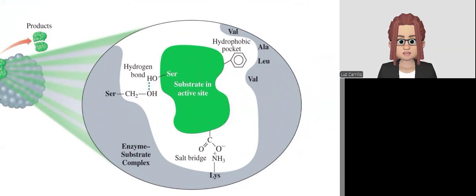What keeps the substrate in there is going to be the amino acids that are present in the active site. So we can observe that the interactions of the amino acids in the active site is what actually permits the substrate to be present within the active site in order for the chemistry to occur.